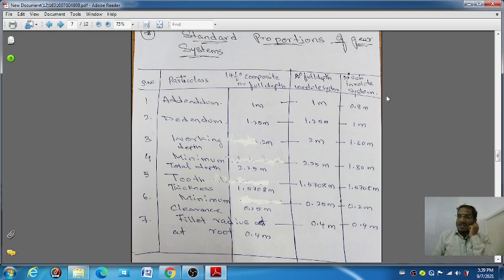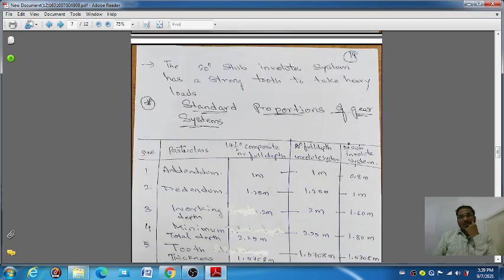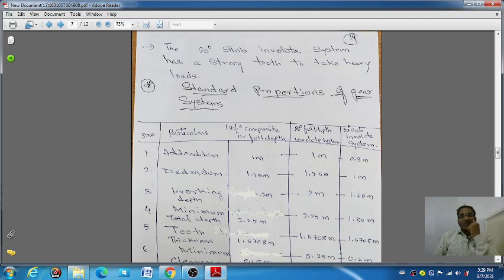Depth, here these are the depth conditions of the teeth. If it is a full depth involute system, there is also a depth of 1 module. In the case of the stub involute system, the gear having a 20-degree angle, the tooth should have a depth of 0.8 module.